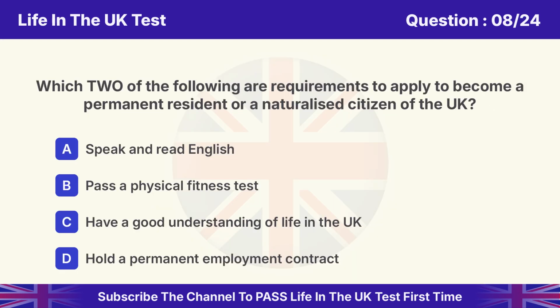Question 8. Which two of the following are requirements to apply to become a permanent resident or a naturalised citizen of the UK? Option A, speak and read English. B, pass a physical fitness test. C, have a good understanding of life in the UK. D, hold a permanent employment contract.